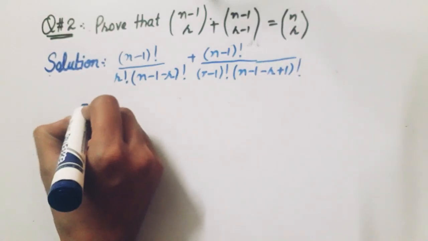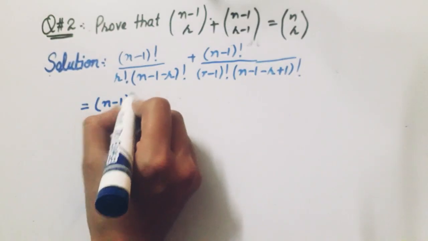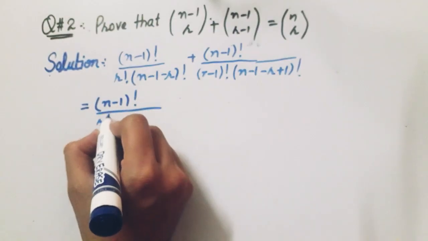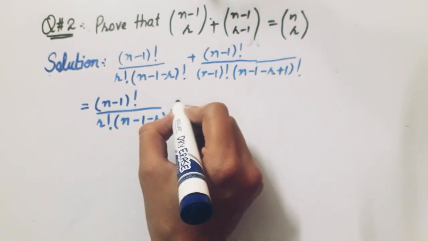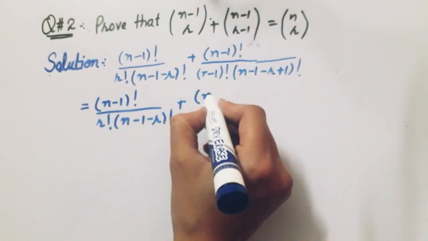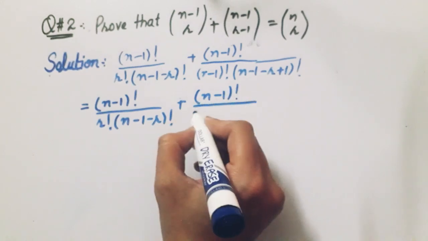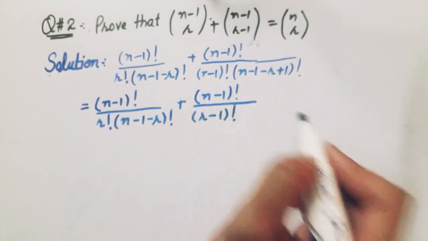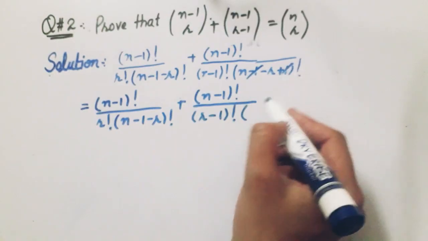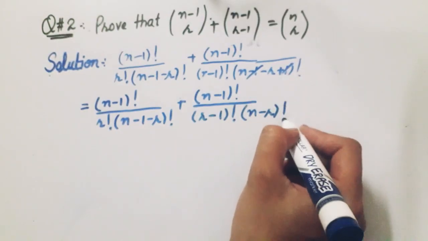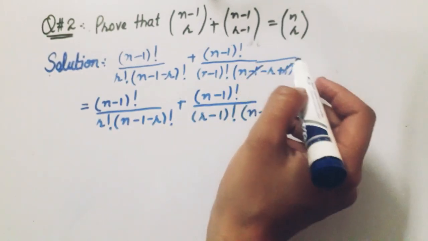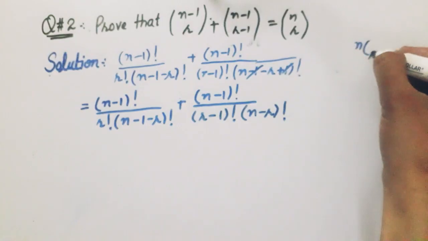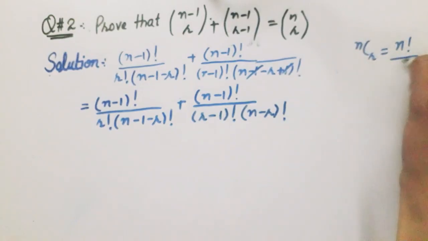Now by solving this we will get n minus 1 factorial by r factorial into n minus 1 minus r factorial plus n minus 1 factorial by r minus 1 factorial, and minus 1 and plus 1 are cancelled out, so n minus r factorial. Now we have to prove this equal to nCr, which is equal to n factorial over r factorial into n minus r factorial.